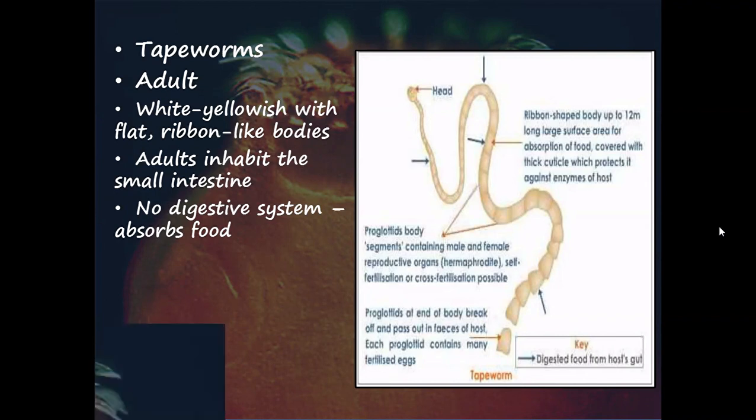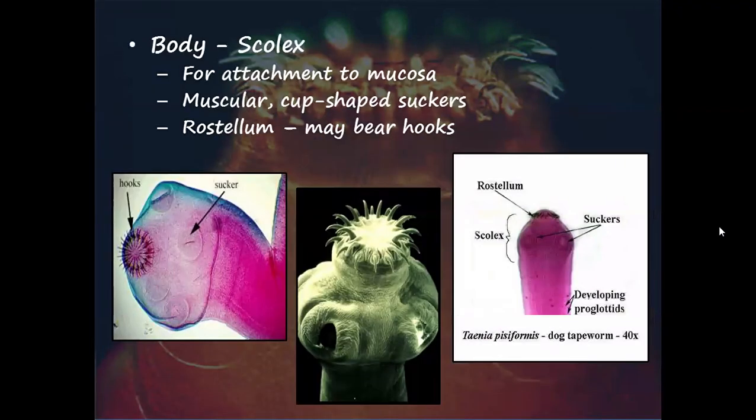So the adult organism is composed of a body and a scolex. The scolex is considered the head of your tapeworm, and it functions for attachment of the organism to the intestinal mucosa. It is generally muscular and has cup-shaped suckers. Please take note of the type of suckers or the appearance of these muscular suckers, because in some organisms they are characteristic.